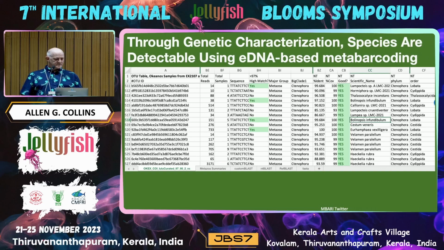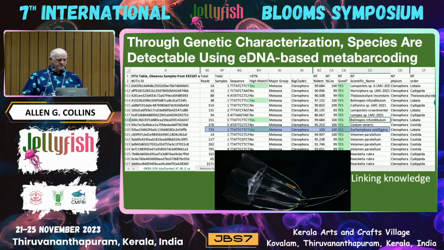Also, I want to mention that through this genetic characterization of species, they become accessible to being found in metabarcode libraries. These are cytochrome oxidase 1 metabarcodes that you can see directly link a sequence to, in this case, a ctenophore, Euramphia vexilligera, I think.